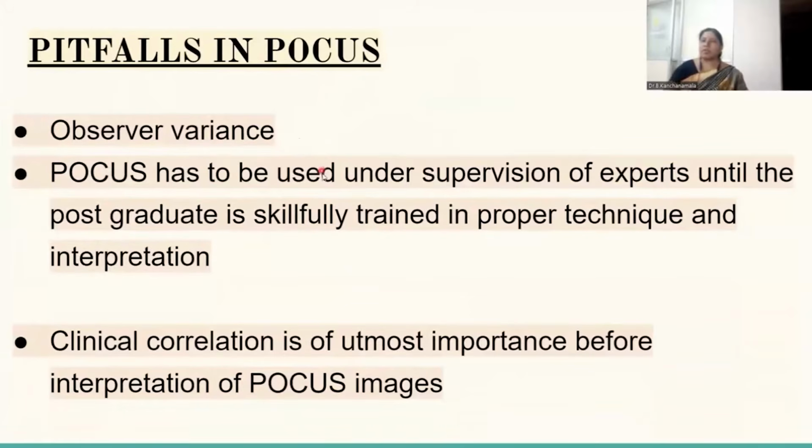In order to have a standardized technique and image, we have to train the postgraduates in the proper technique and way of interpretation. What is more important is the clinical correlation, the correlation between the clinical presentation and the POCUS image.